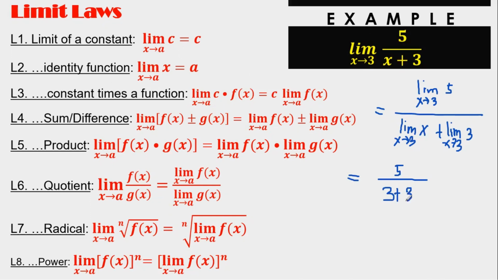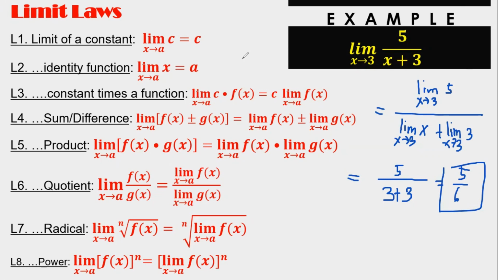So we have 3. So we have 5 over 6. So this is now the answer. Okay? That's easy. Now let's have another example for you to understand as well. We'll be having more examples for this so that we would be able to know how to solve the limit laws.